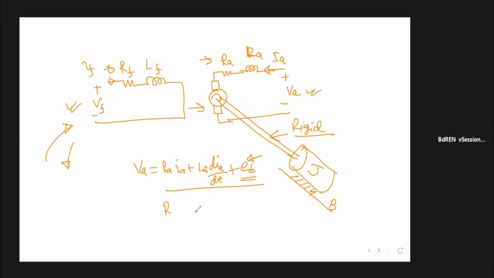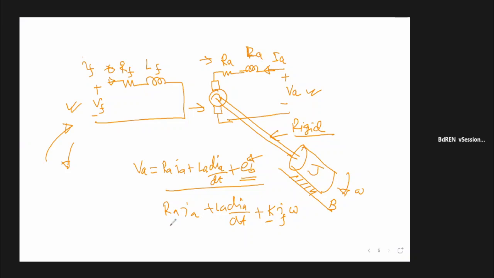So this will be equal to RA into IA plus LA dIA by dt plus a constant K with field current IF and your speed omega. If we are in SI units, then omega is radian per second and current is ampere. In this way, you can easily find what the unit of your K will be.